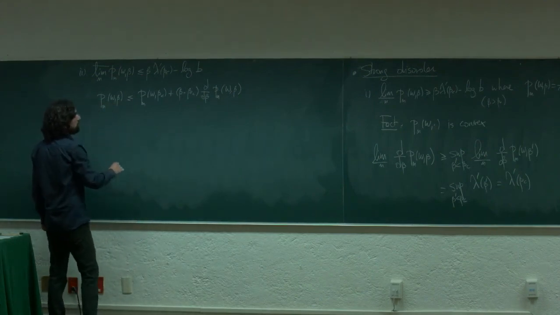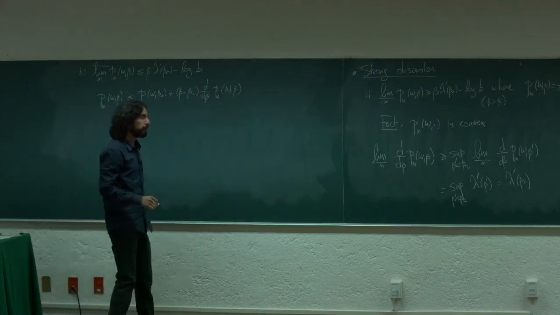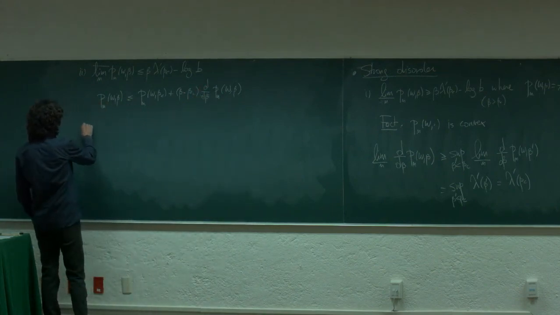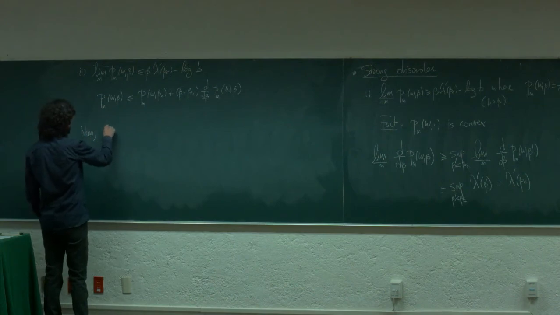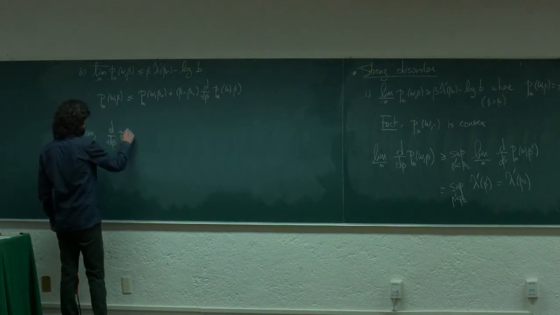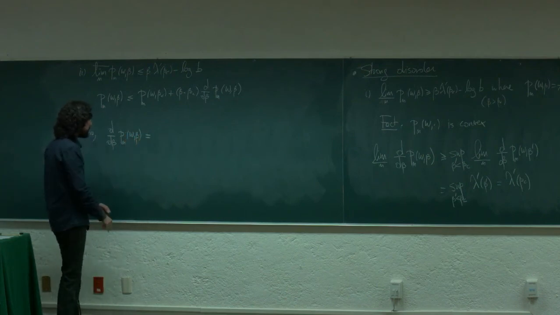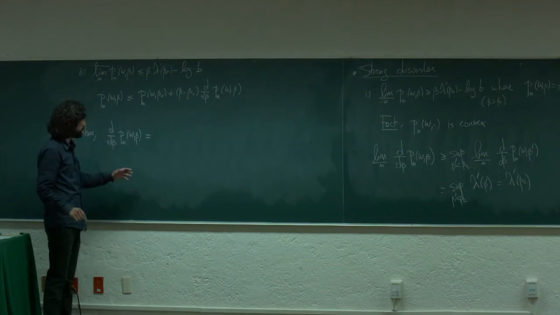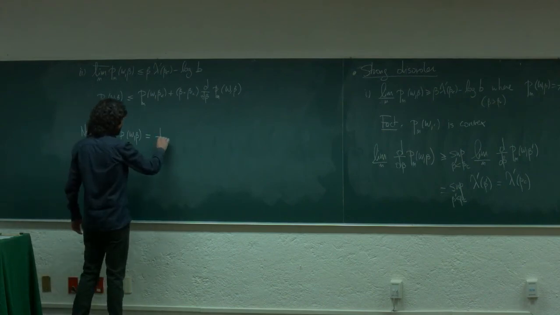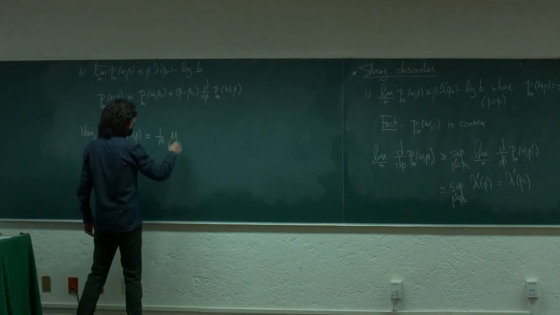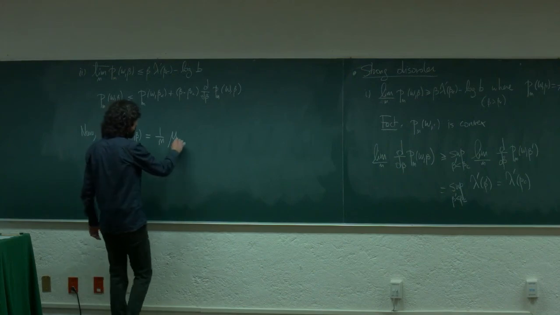And now you want to get an upper bound on this derivative. Now, as I said, the derivative of this free energy is 1 over n times the average of the energy of the paths under the polymer measure.